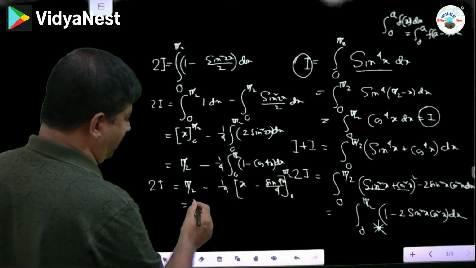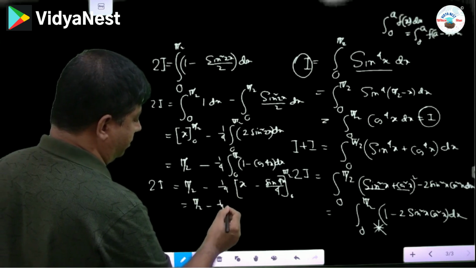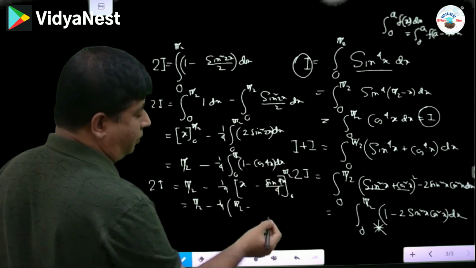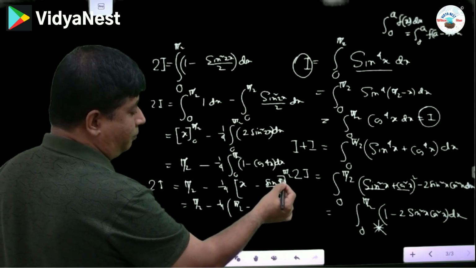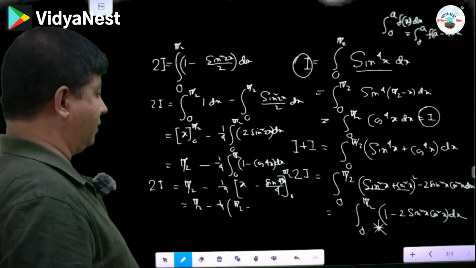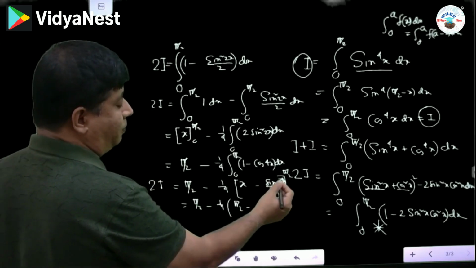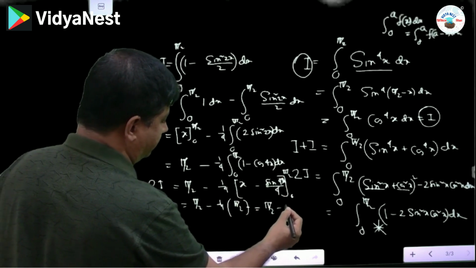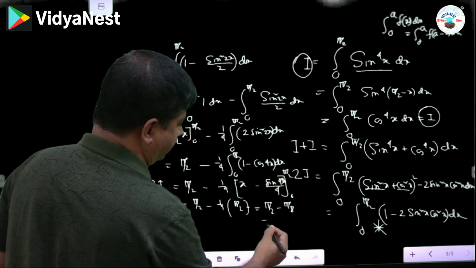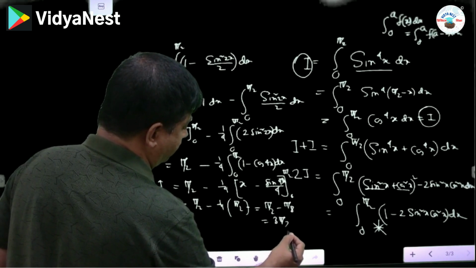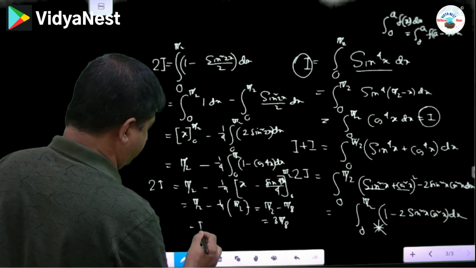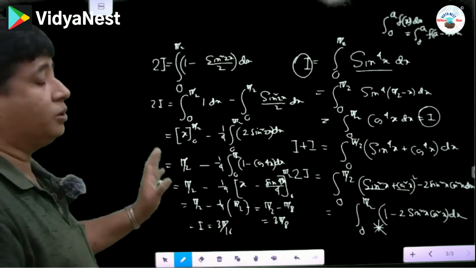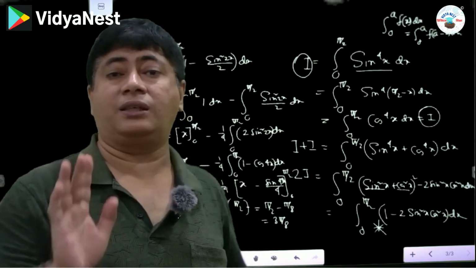First you put the upper limit, and here a lower limit, no point of putting pi by 2. If I put pi by 2, sine 2 pi is 0. So three pi by 16. So somehow we managed to get the answer.